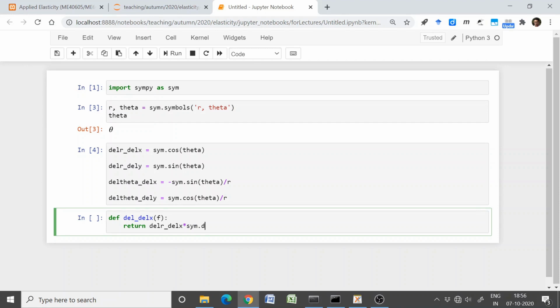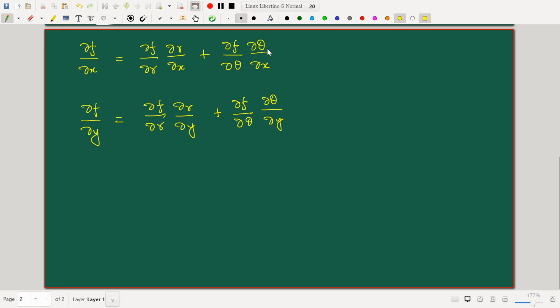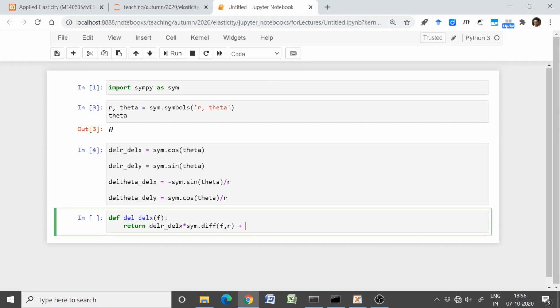So that is basically just sim dot diff f comma r, which means differentiate f with respect to r. That's all there is to it. In a similar fashion, for the second term, we use this del theta del x multiplied by the derivative of f with respect to theta, and that's it.